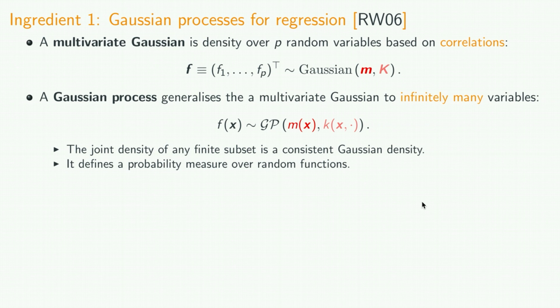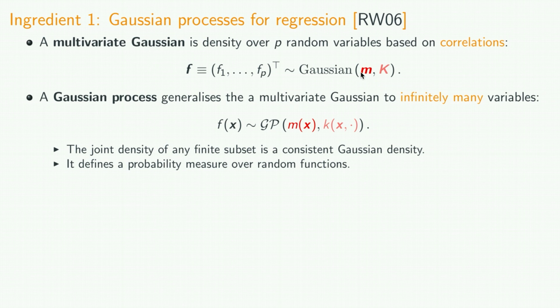And if you're not familiar with Gaussian processes, there is a very intuitive way of thinking about them. If you look at a multivariate Gaussian, so a vector, in this case multiple function evaluations, you can look at the joint multivariate Gaussian distribution over those function evaluations with some mean and some covariance function k. And the covariance function is going to capture the correlations between those p random variables. When I think about the Gaussian process, well, you don't have p random variables, but you have infinitely many random variables.